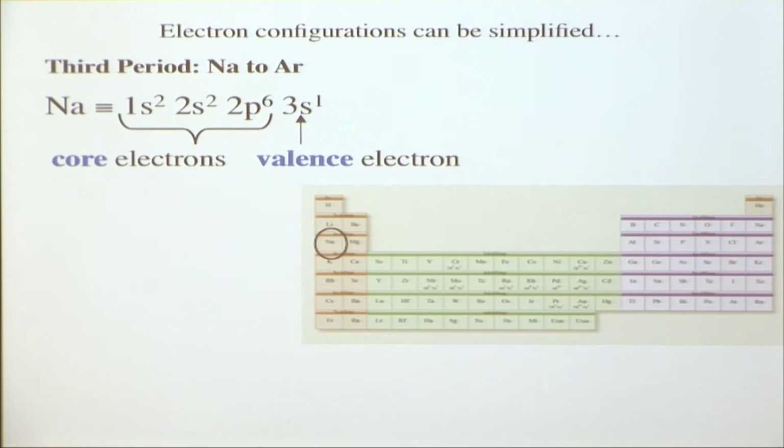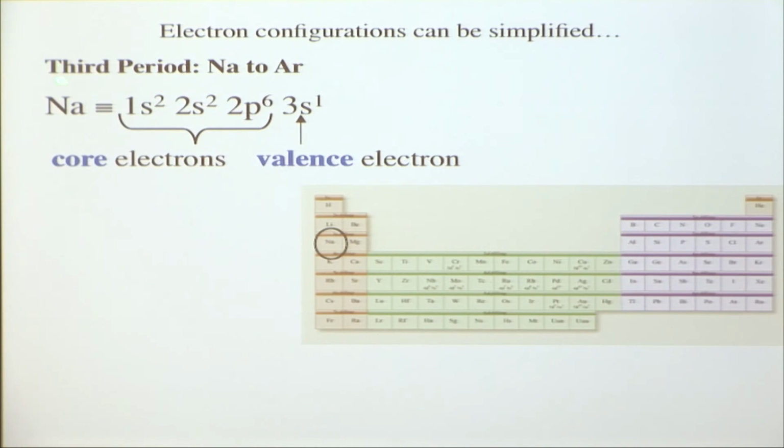So if we look at the periodic table, we have our 1s1, 1s2. And then we come down, we have our 2s's and our 2p's, and then we have a noble gas, and then we come down and we have our first 3s1. And so if we're talking about sodium, we have core electrons, which are the electrons that make up the noble gas element that's on the row before.